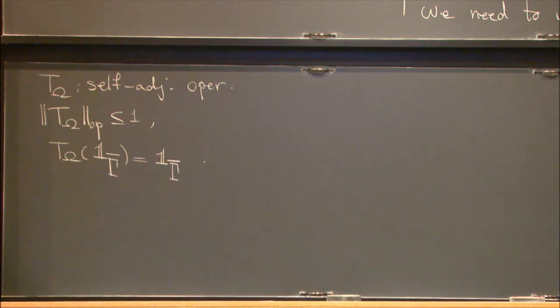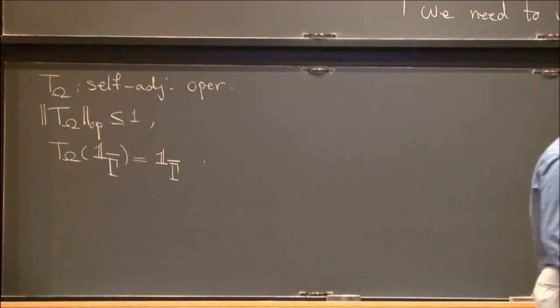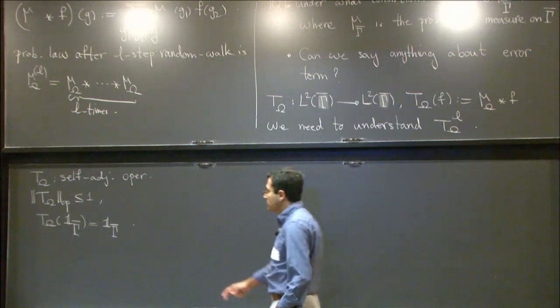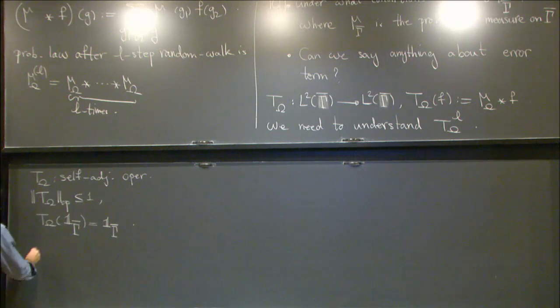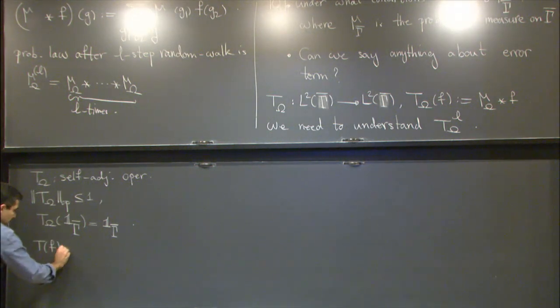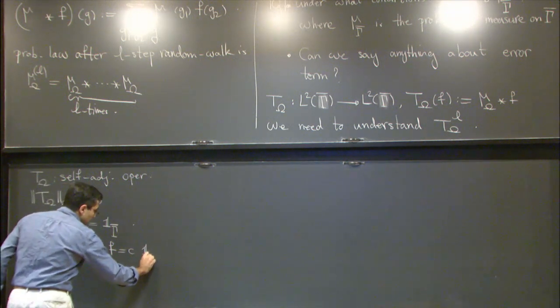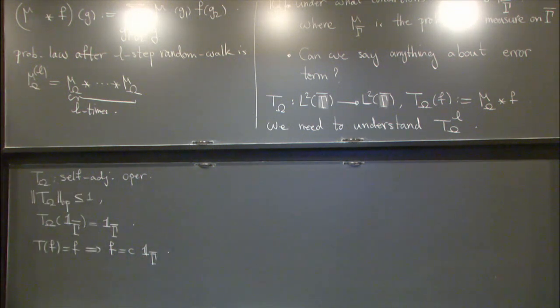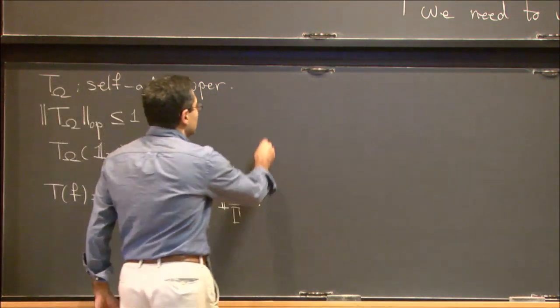The other thing you should notice is that because I'm focusing on gamma bar, the only function that is fixed under this operator is the scalar function. Because the group generated by omega is dense inside gamma bar by definition, if Tf is f, that would imply that f is a scalar. So the multiplicity of the eigenvalue 1 is actually 1, because I'm focusing on the closure of the group.